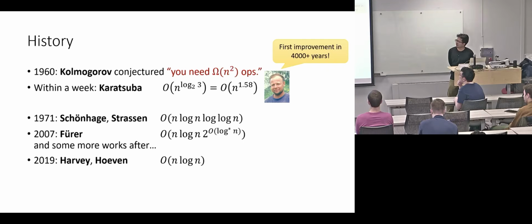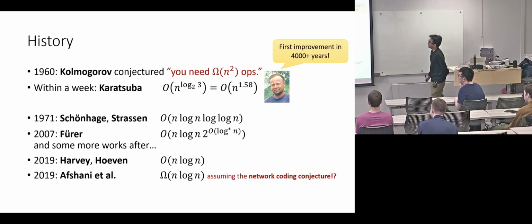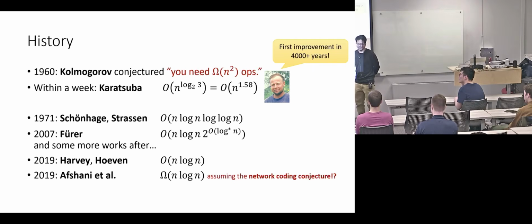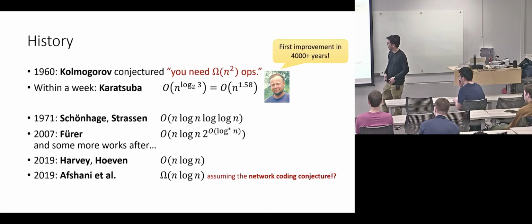Not too long ago, like 5 years ago, people got it down to n log n, which looks like a nice bound. And interestingly, can we do better? There is also a recent conditional lower bound, not really a lower bound, saying that you would need n log n time, assuming some conjecture called the network coding conjecture.